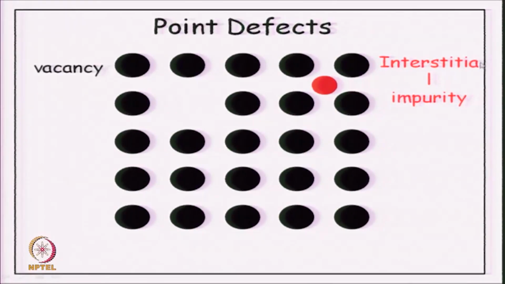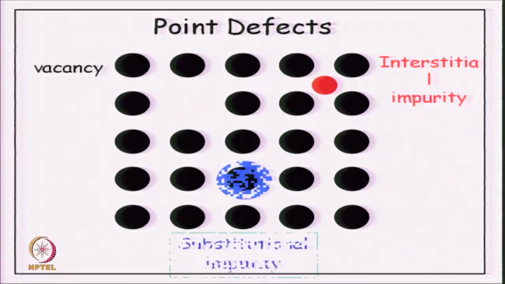This is an atom sitting in some sort of void or interstice of the crystal. So, this red atom is an interstitial impurity, but this blue atom is sitting at a location where a black atom should have been sitting. So, this is a substitutional impurity.